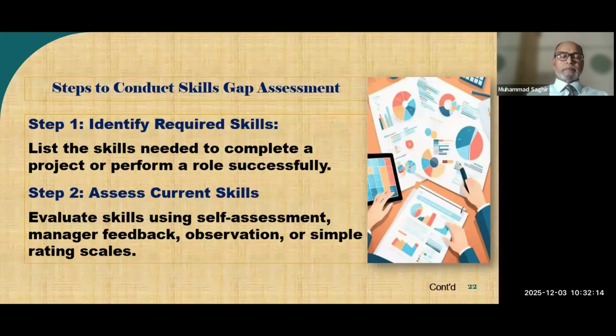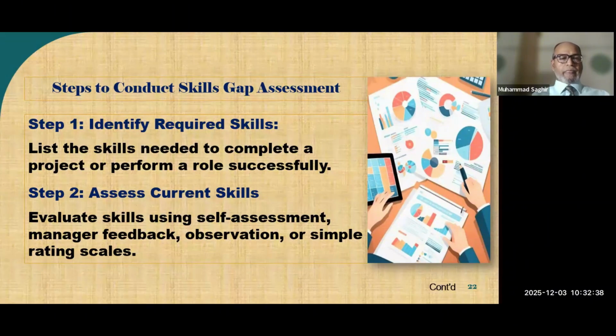And now there are some steps for conducting skills gap assessments. We can start with identifying required skills. List the skills needed to complete a project or perform a role successfully. We need to know about that.